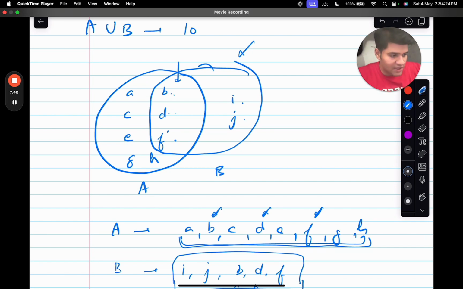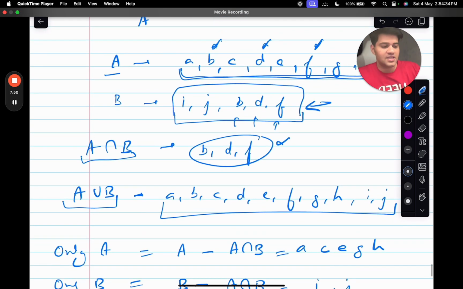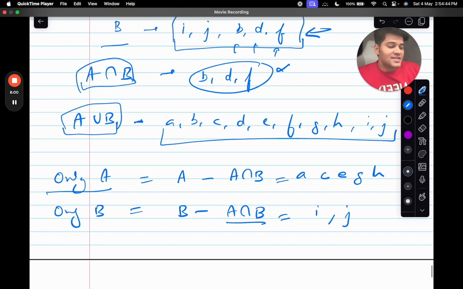If I have to subtract BDF from I, J, B, D, F, I would get I and J. So you need to be familiar with these terms. This is A, this is B, then this is the intersection, the part which is common in both. Union is the entire A plus the entire B, but not the duplicates. Only A is A minus the intersection, only B is B minus the intersection.